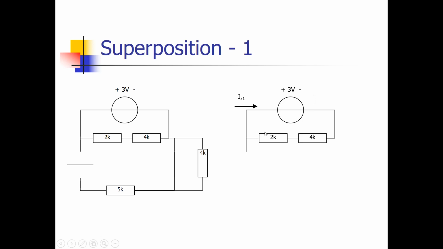Due to Ohm's law we can replace this series connection by one resistor of 6K, which gives a current flowing out of this voltage source of 3 volt over 6K, which is 0.5 milliamps. But Ix1 was defined the other way around, so it gives minus 0.5 milliamps. So minus 3 volt divided by 6K is minus 0.5 milliamps, which is the contribution of this voltage source.